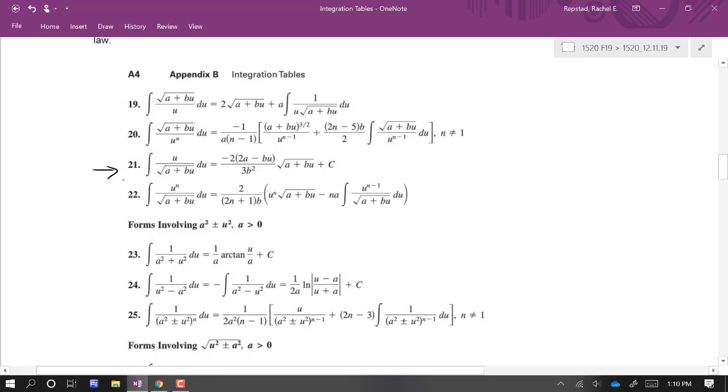This one here: u over the square root of a plus bu du.